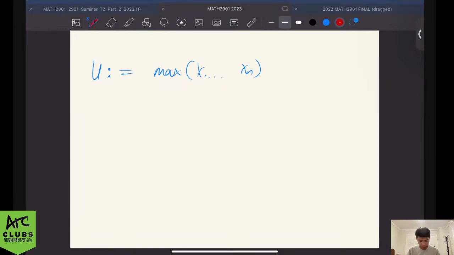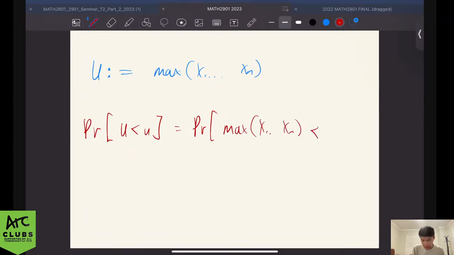But you would go through the CDF, because the CDF is defined in terms of probability. So the probability of u being less than a certain number u is equal to the probability of the max being less than the number u. And if you remember from maxes, you can split this up, because if the max is going to be less than u, well then all of them need to be less than u. So you can just split it up as a product.